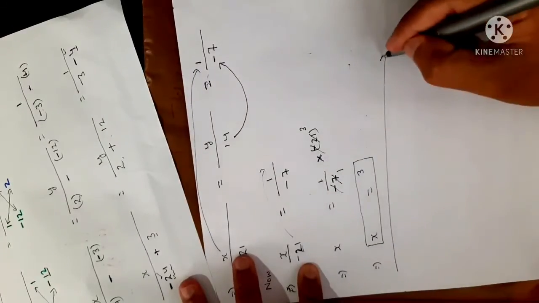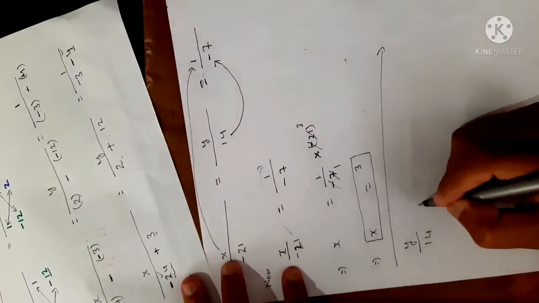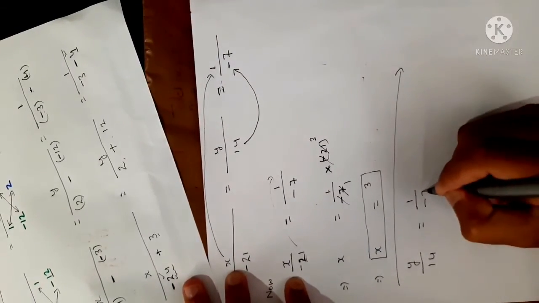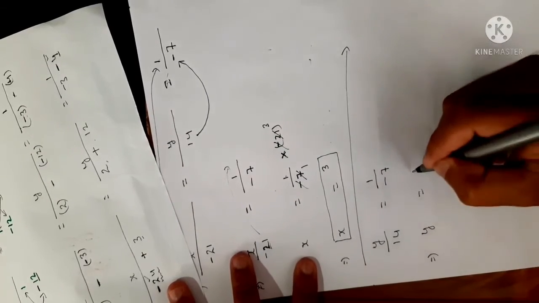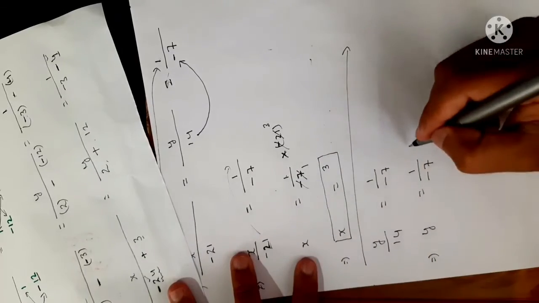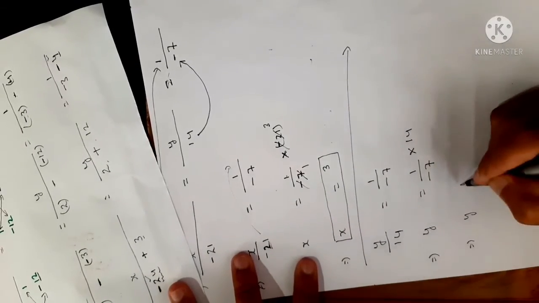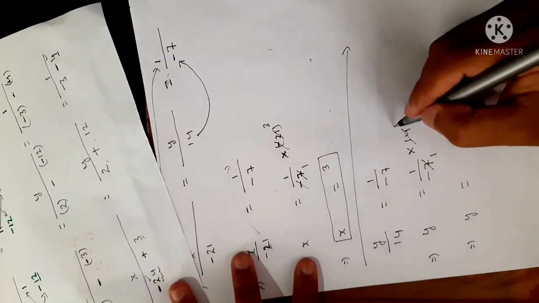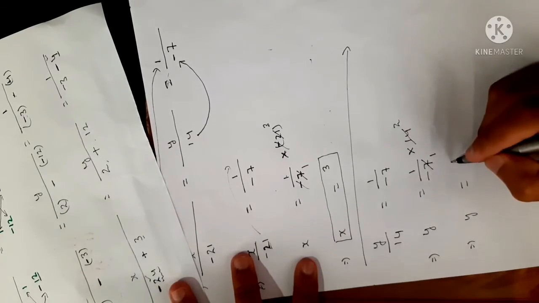Y by 14 equals 1 by minus 7, so y equals 1 by minus 7 multiplied by 14, since we carry 14 to the other side. Here also we can cancel them. 7 ones are 7, 7 twos are 14. What is left is 2.